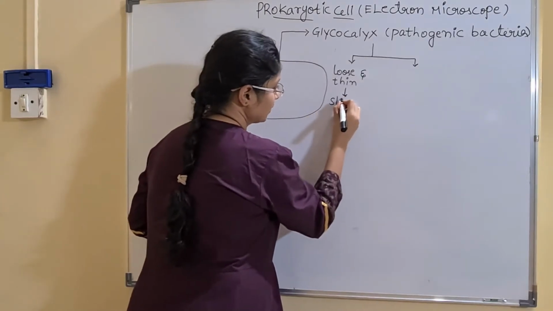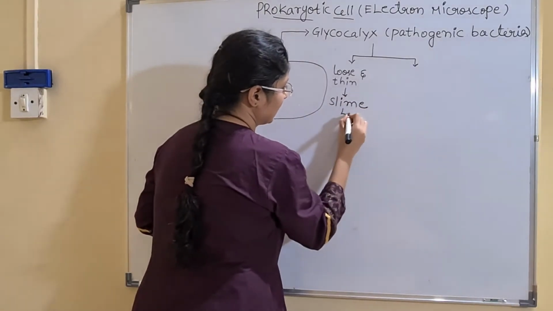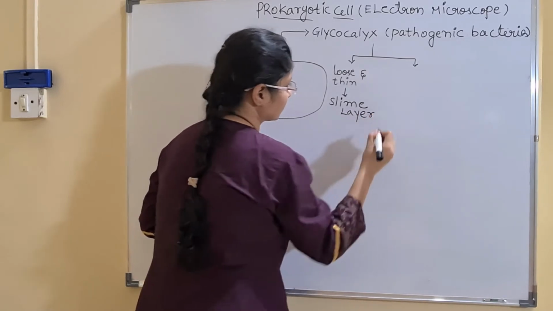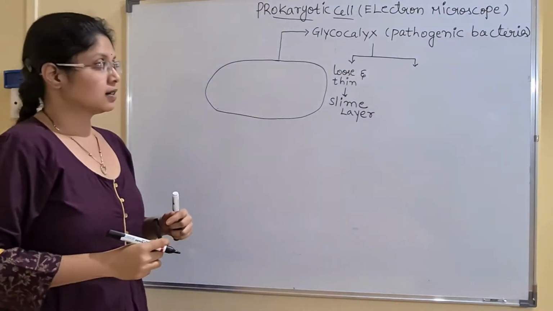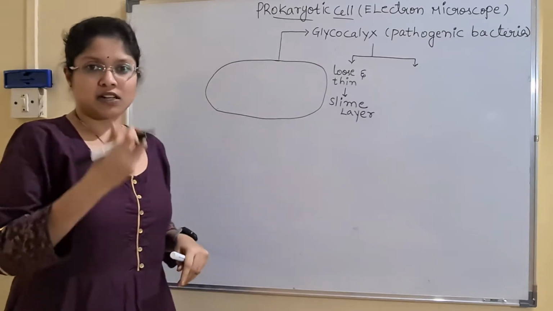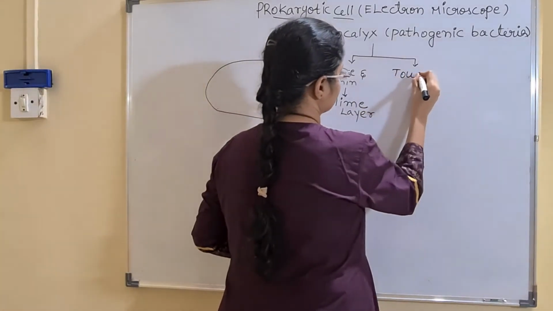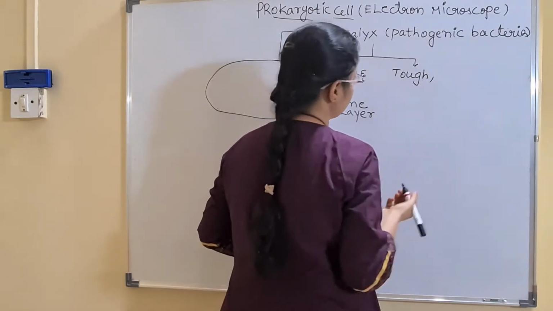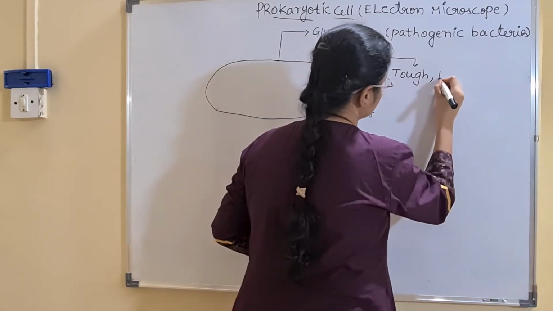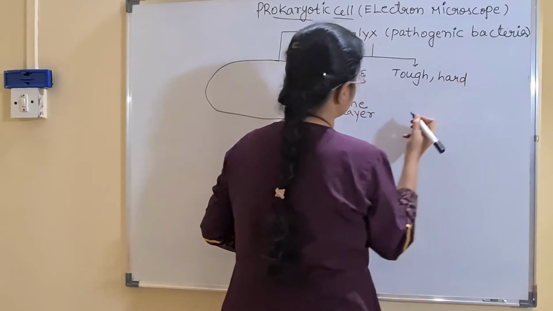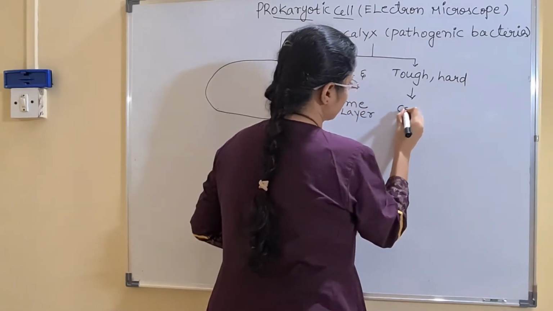It is known as slime layer. Alright. If the glycocalyx is tough, hard and rigid, it is known as capsule.